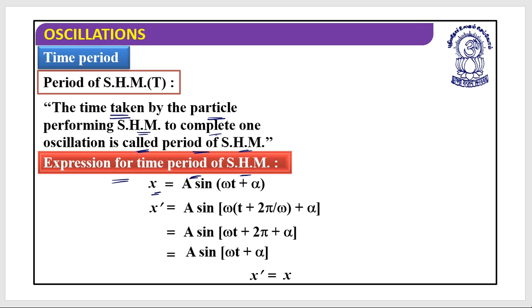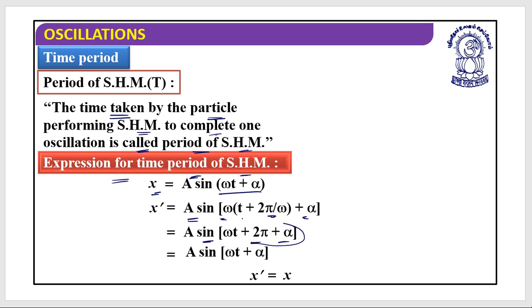Let's suppose I have the relation x = a sin(ωt + α). If I rearrange it, x' = a sin ω(t + 2π/ω) + α, or it would be x' = a sin(ωt + 2π + α). This is equal to x.